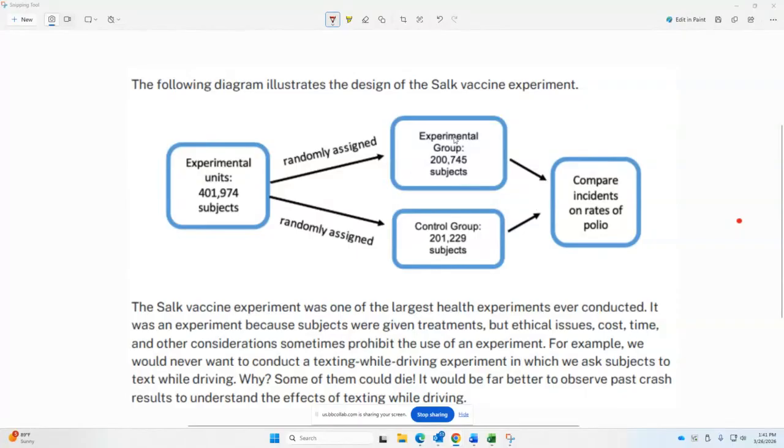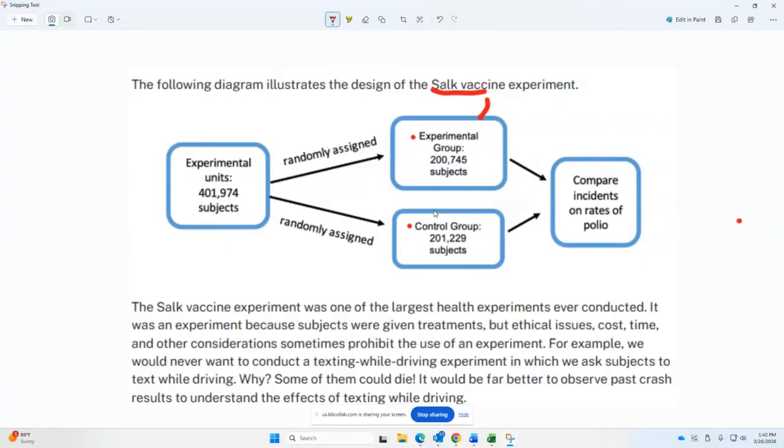So they were given a vaccine, the experimental group, the actual Salk vaccine. I'm sorry, I'm using a mouse and it's actually really slow. Okay. And then the control group was given something almost exactly, looks like the exact same pill, the exact same color, smell, taste, but it was a placebo.